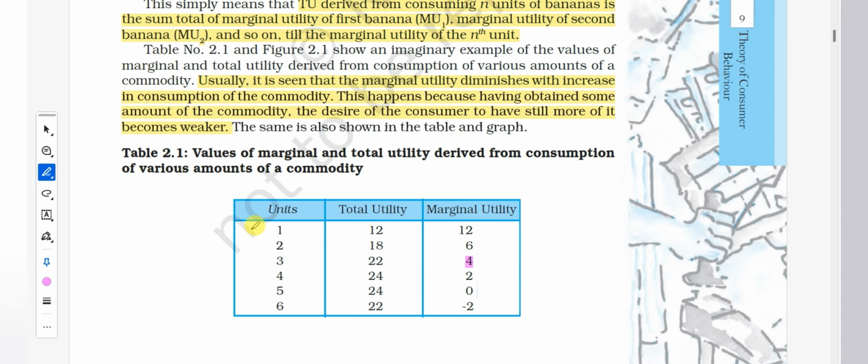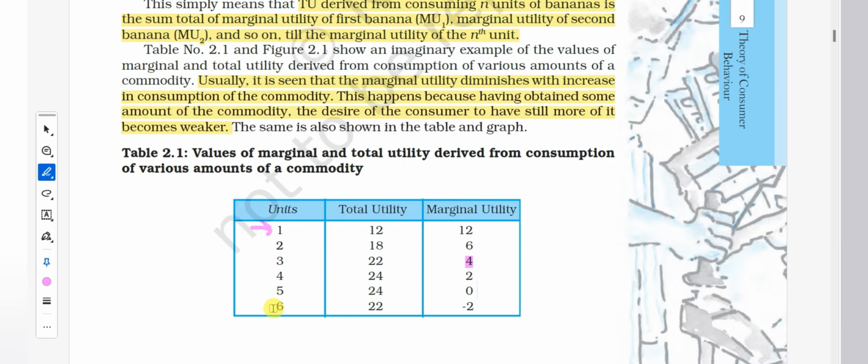A very good example is when we eat the first unit of momos. When we eat our first momo, we feel very contented, very happy. The second unit is not as good as the first one. Third unit, all right. Fourth unit is fine. By the fifth and sixth unit, we are just done. By the fifth unit, we are like, okay, it doesn't make it any better.